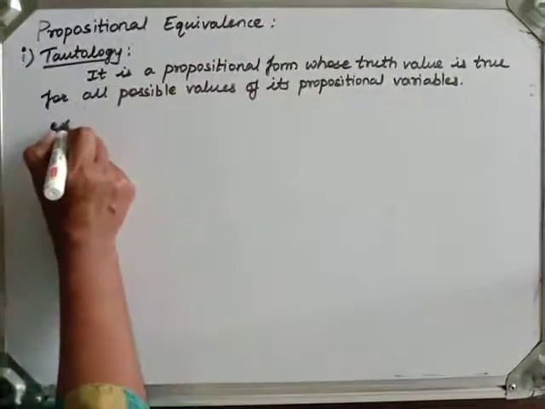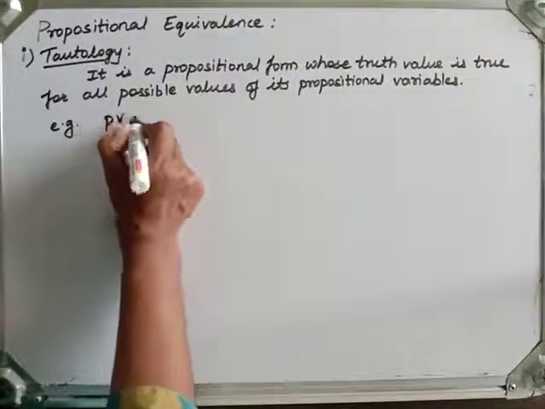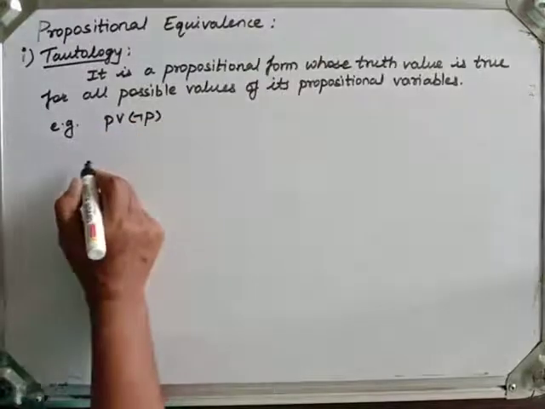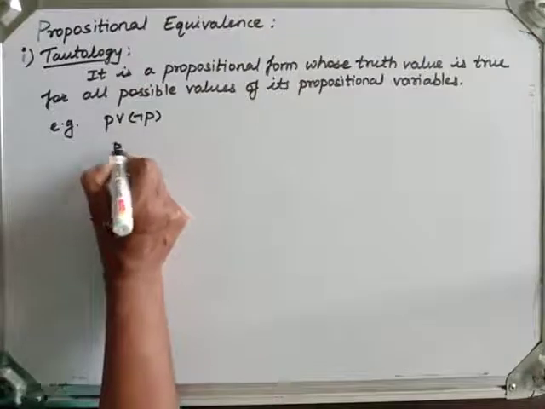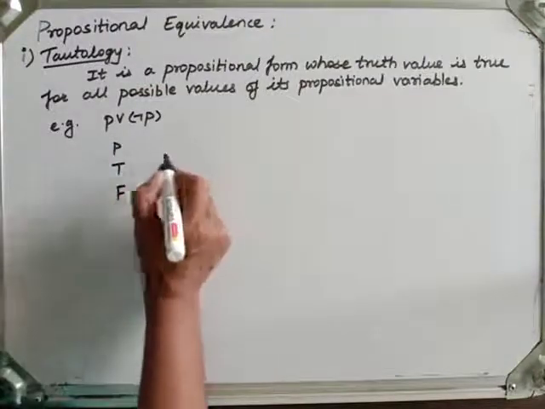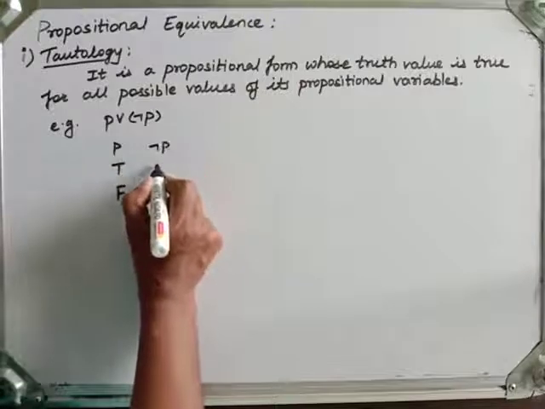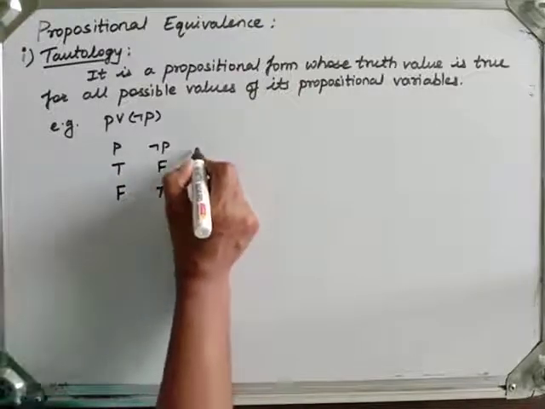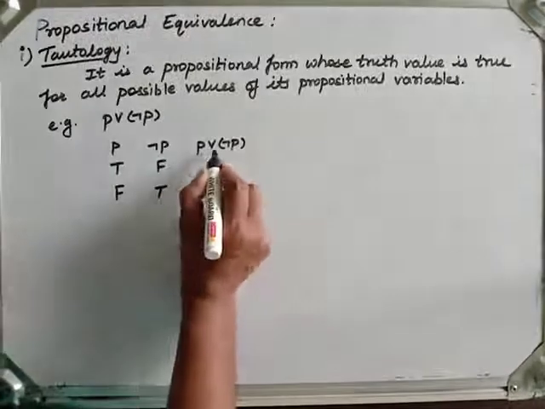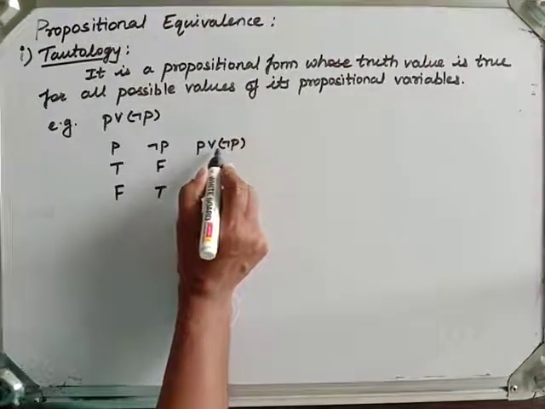For example, P or negation P. If we see the truth table for this, P having two possibilities, true and false. Negation P will become false, true. Now P or negation P. Now or is true when one of them is true.